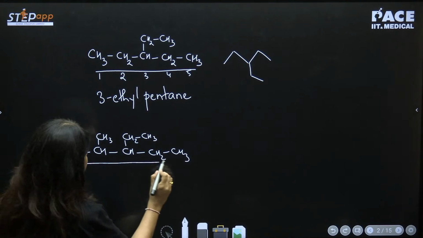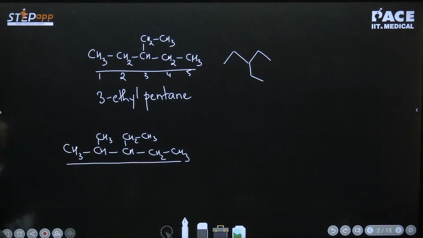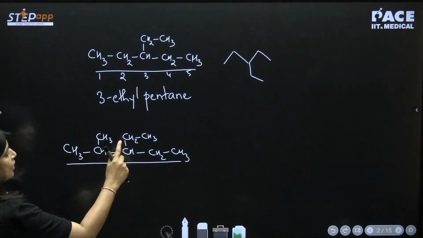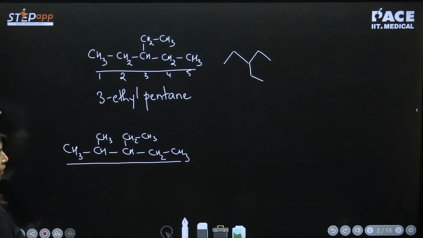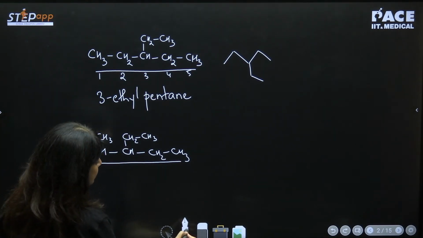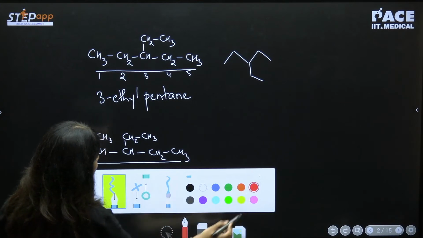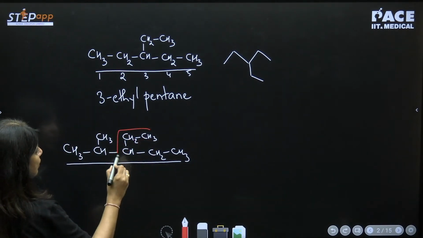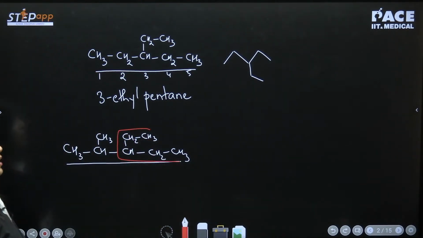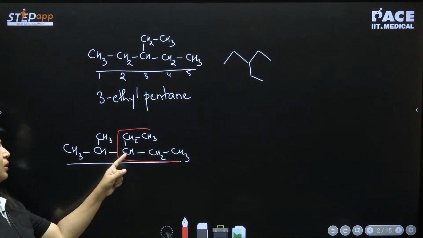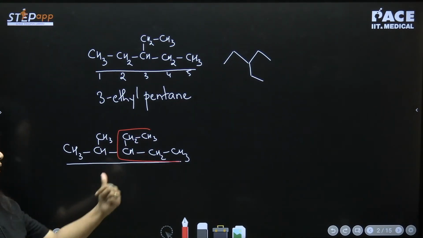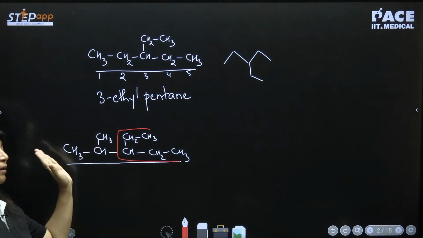So now this has 5 carbons with how many branches? I have 2 branches to this. But what if I select, say, this carbon chain? This carbon chain also has 1, 2, 3, 4, 5 carbon. But the branching to this is only 1.